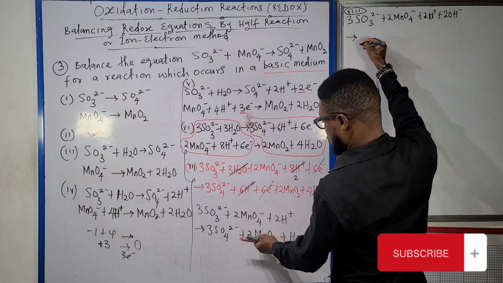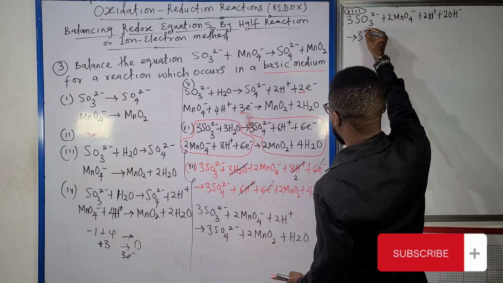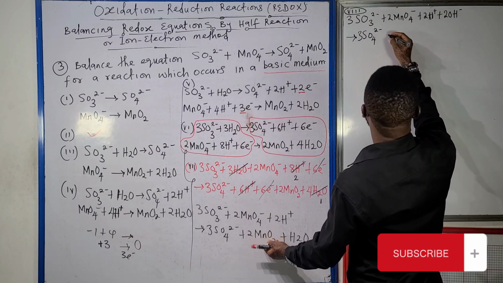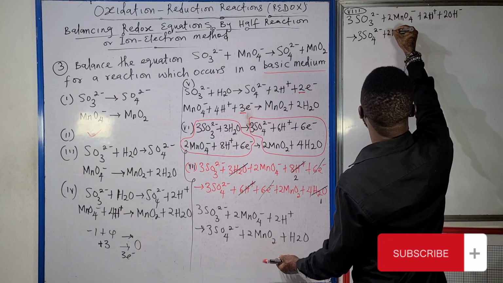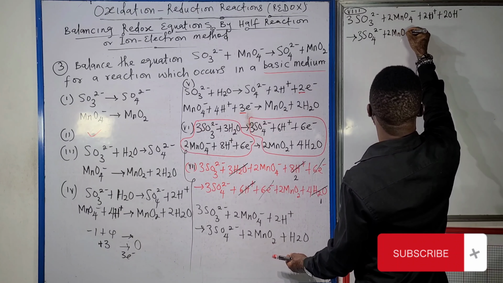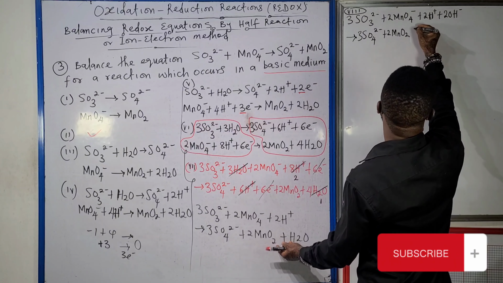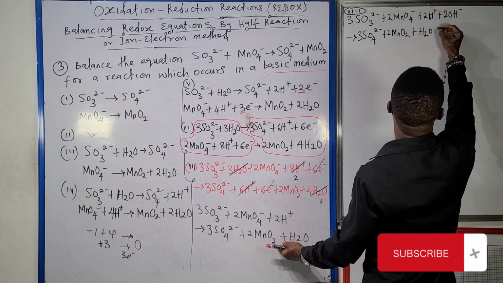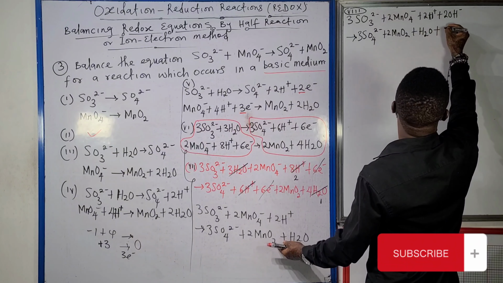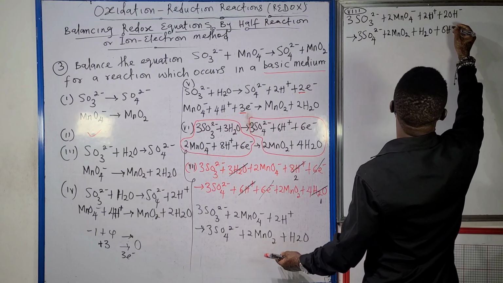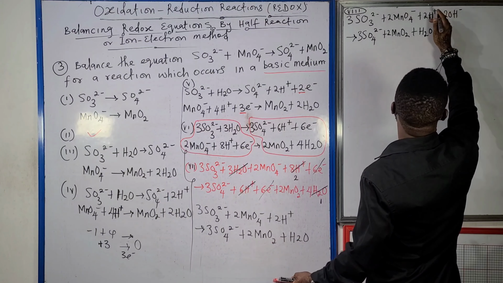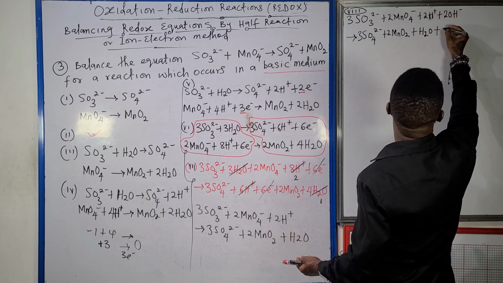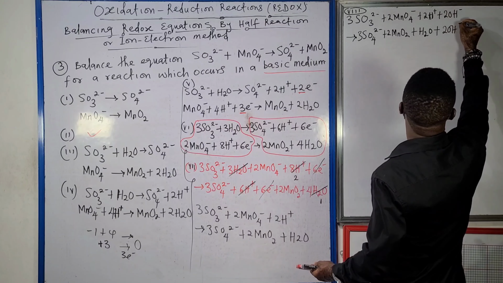So to the other side, that's 3SO4 2 minus plus 2MnO2 plus H2O plus 2OH minus, because it is 2 hydrogen ion that I have. So I'm going to have 2OH minus.